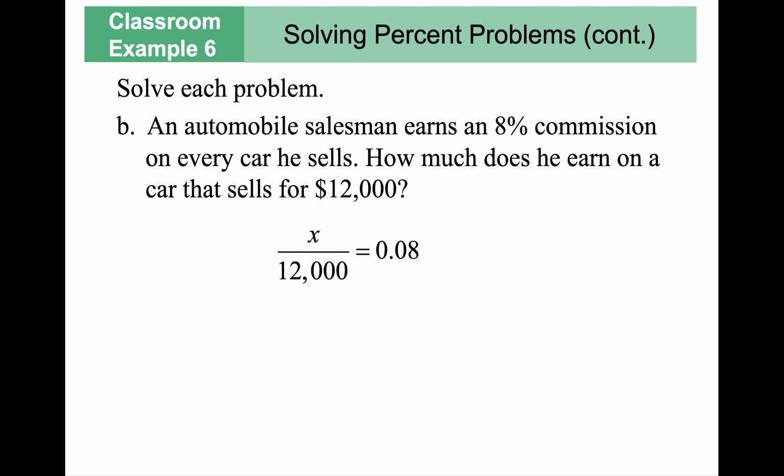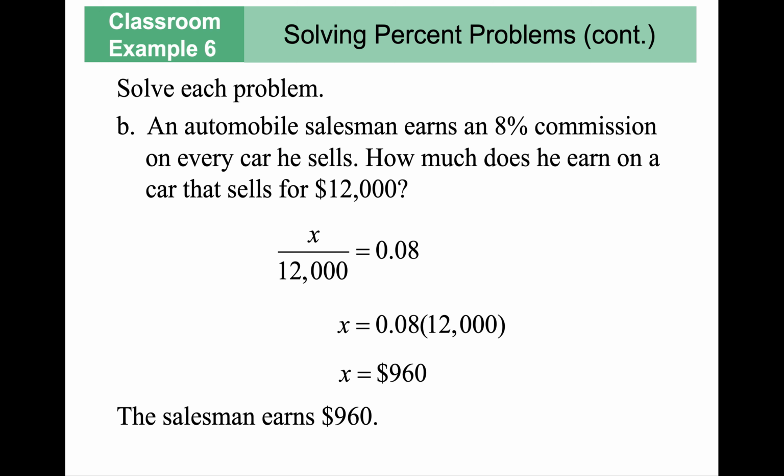Or if I move the decimal place 2 places to the left, that's 0.08. Now, I know that 12,000 goes in the denominator because I can't make more than the price of the car as my commission. So my partial amount is going to be X. To solve this, I'm going to multiply both sides by 12,000 because the opposite of division is multiplication. And I get $960 for my commission.